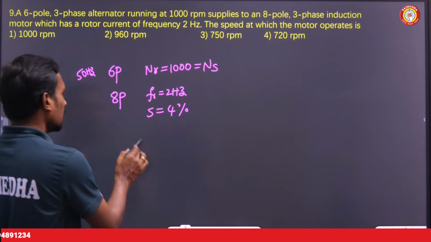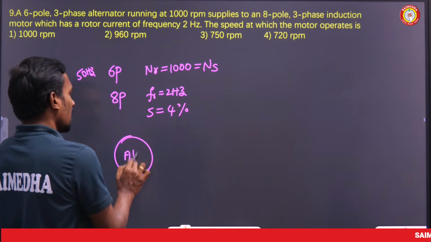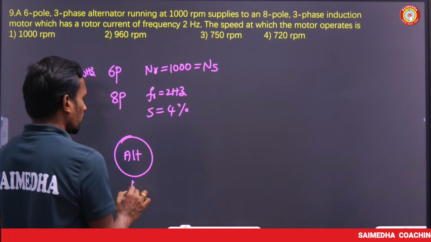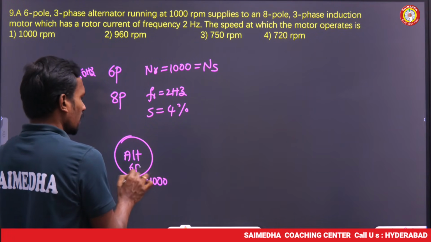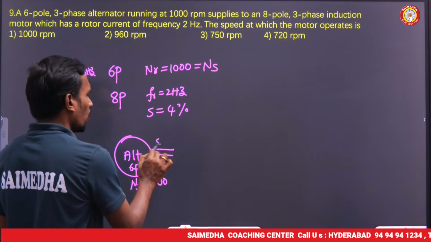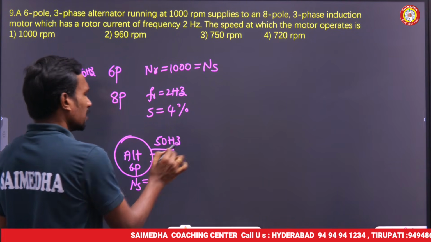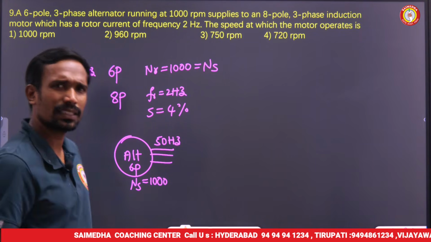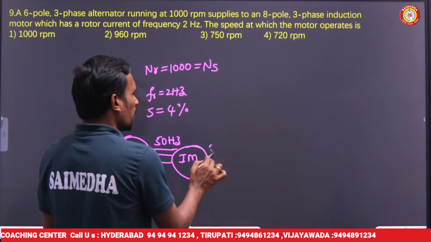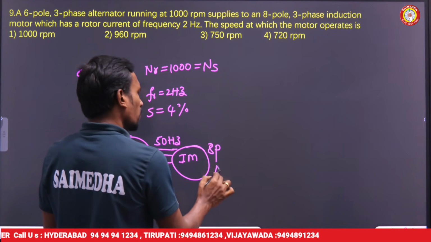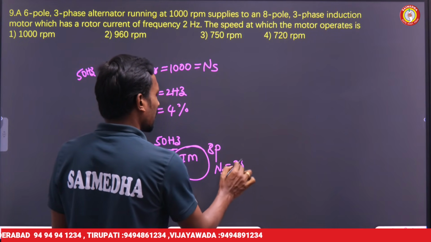Here I have one alternator rotating at 1000 RPM, whose poles are 6. It provides only 50 Hz, because the alternator frequency should be 50 Hz. This 50 Hz is connected to an induction motor, which is an 8-pole machine, so its synchronous speed is 750 ultimately.